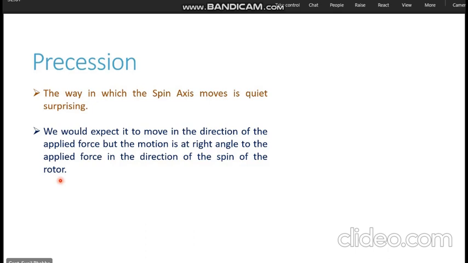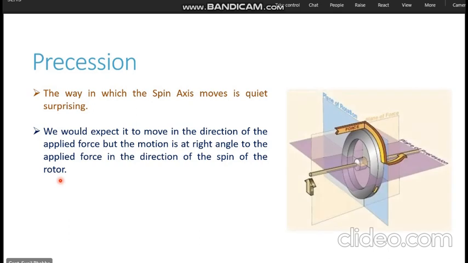This is a little difficult to understand theoretically, so let's try to understand using a diagram. You see a rotor here. The rotor is moving in the clockwise direction, if you are looking from this particular side, where you have this arrow.